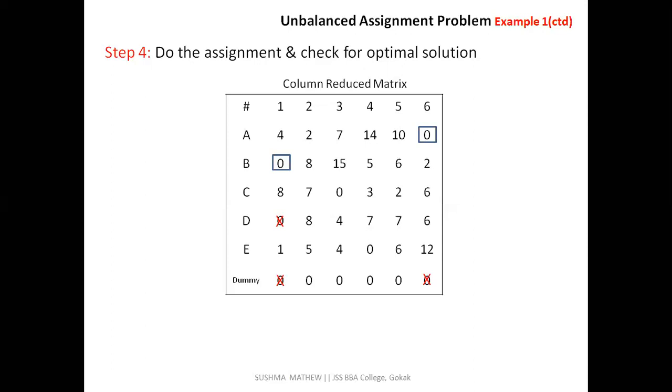C row, is there a single zero? Yes, there is a single zero in the third column. Can you see this? Yes. Assign here. Yes, we do the assignment. Subsequent zeros are cancelled.